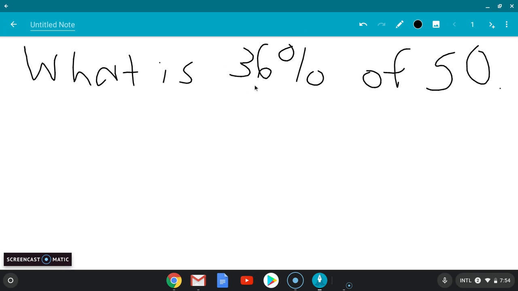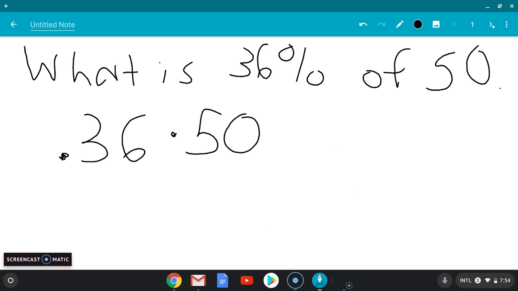Now we don't see a decimal here, but we know it's sitting right there, so we just move it to the left 2 spots. So what we do is we take 0.36 or 36 hundredths, and all you have to do is just punch this into your calculator. 0.36 times 50. All right, you just take the percentage, change it to a decimal, and multiply it by the number. And if I plug that into my calculator, I get 18. So 18 is 36% of 50.